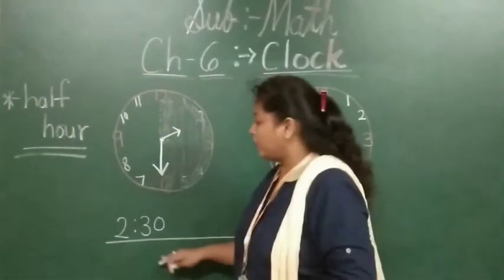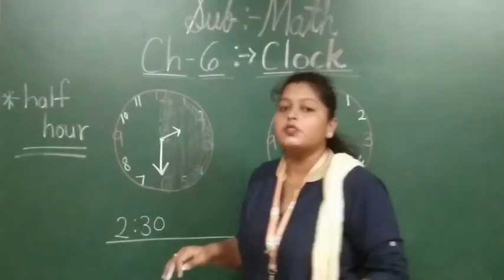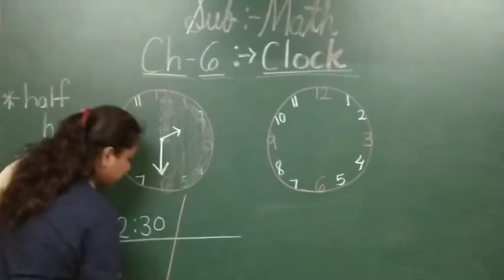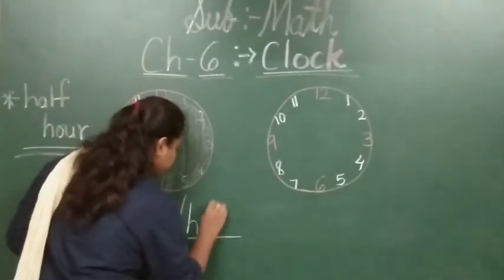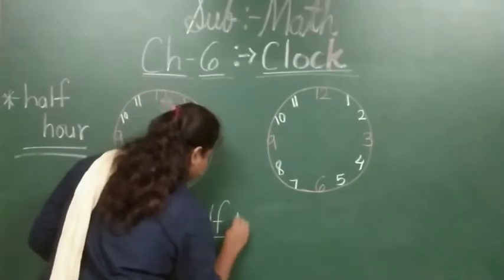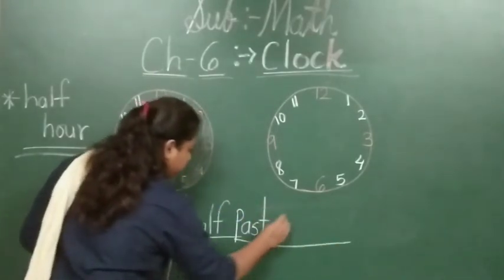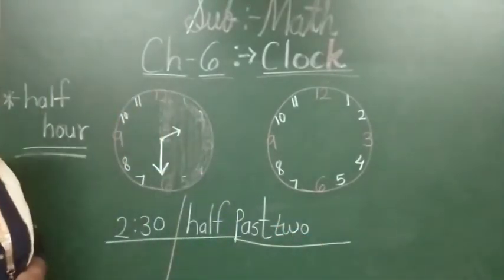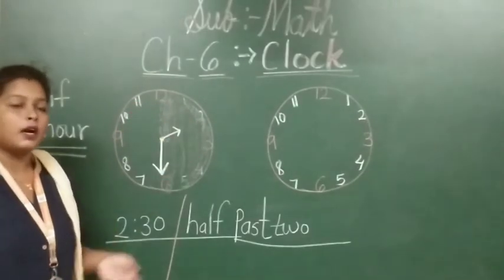So what will be here? 2:30. What is the time here? 2:30. There is a second way to write this time. Okay, half past 2. 2:30 मतलब what? जब आप देखोगे half past means what?